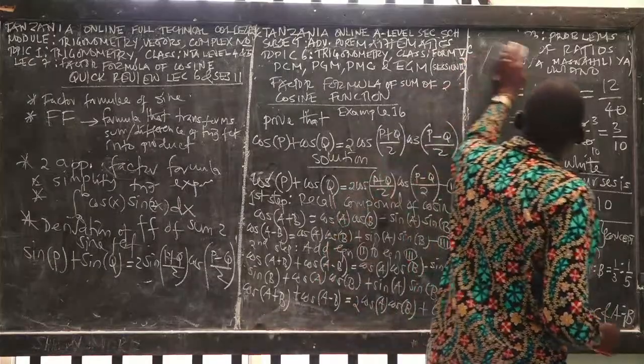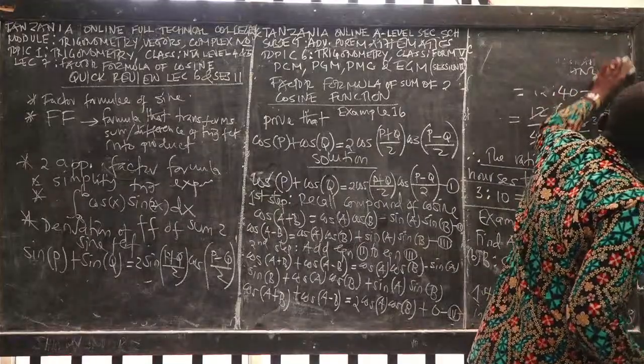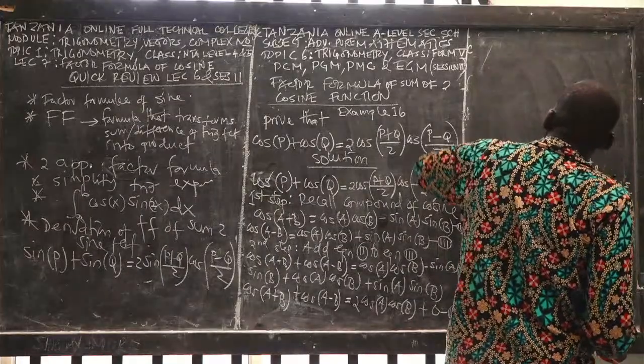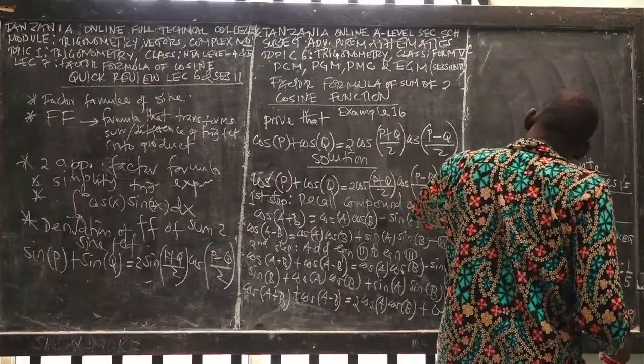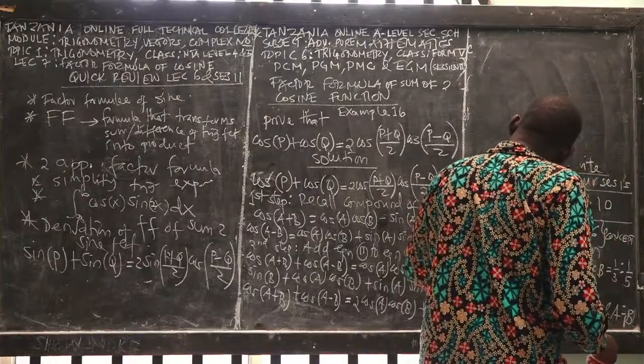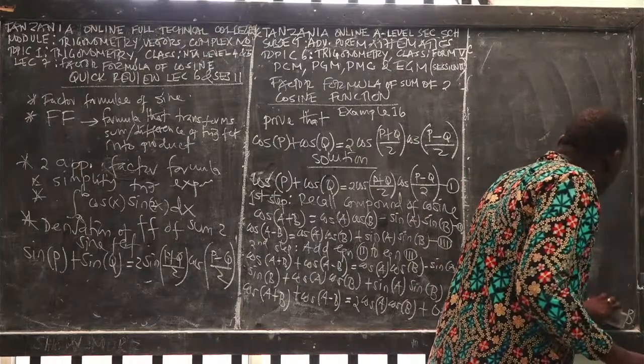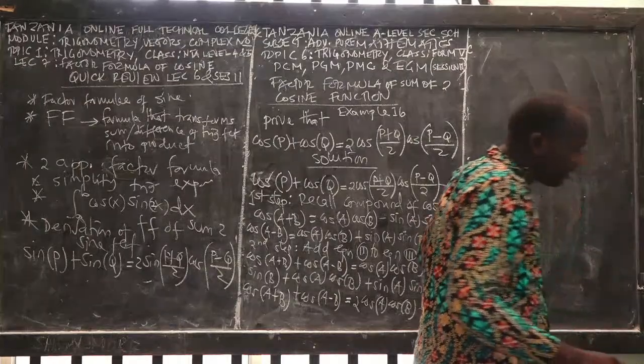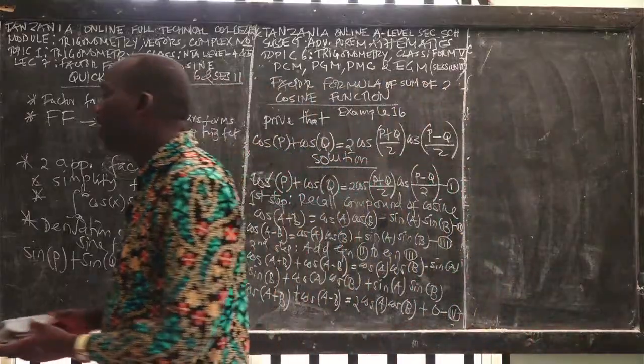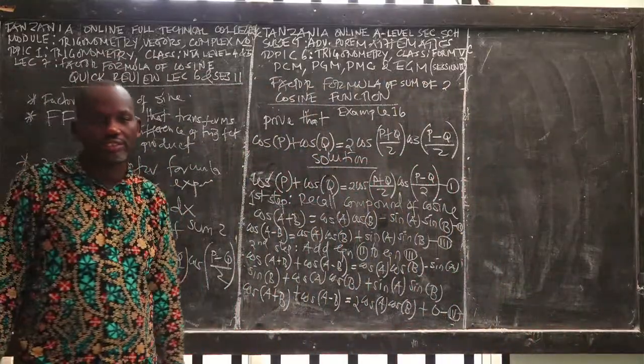Kwa hiyo unaweza ukaona kwamba kama umejifunza namna ya kutafuta au kuunda factor formula ya sine, basi inakuwa ni rahisi kwako kufuata hatua zinazokaribiana kufanana ili uweze kuunda factor formula ya cosine. Kwa nini?